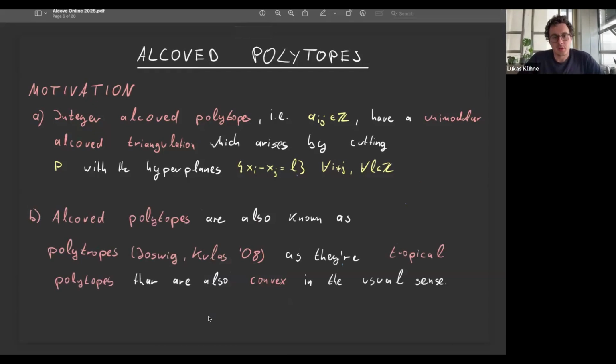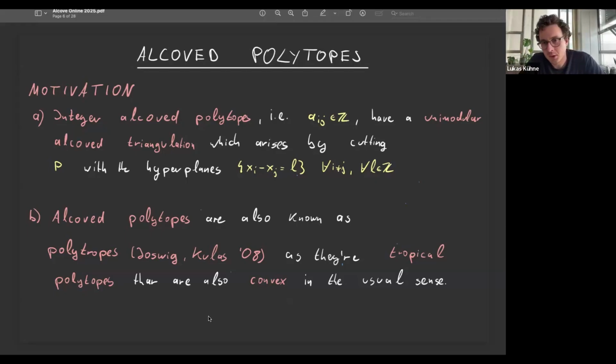Another connection is that to tropical geometry, because Michael Joswig and Katja Kulas observed that these alcoved polytopes are also, they call them polytropes, because they are also tropical polytopes that are also convex in the usual sense. So in tropical geometry, there's a tropical way of adding and multiplying.